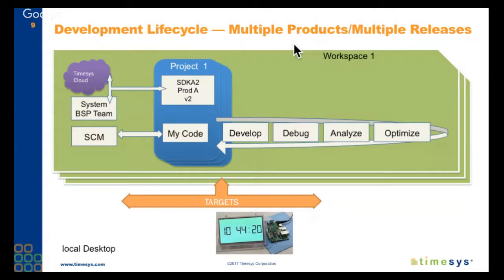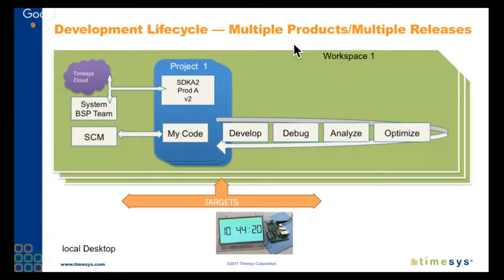Because in Linux, you have so many similarities between the targets and desktop. There are POSIX compliance libraries there. Many of the codes that you develop can be executed the same way on your local desktop as on an ARM architecture target.